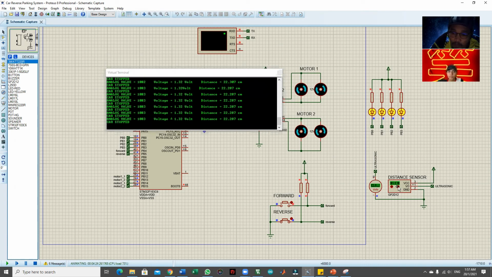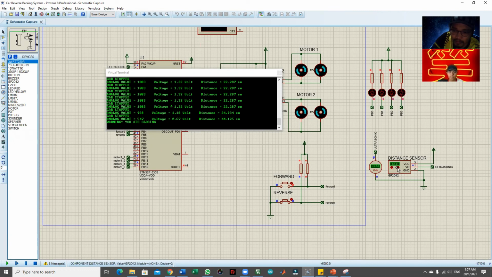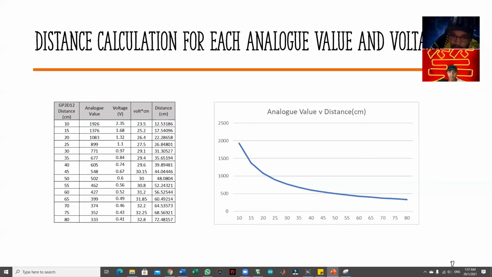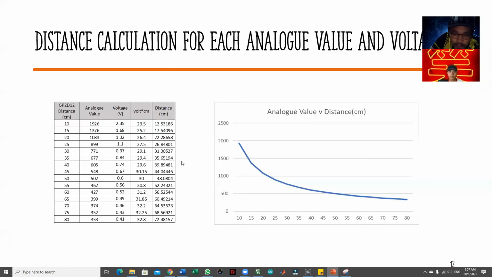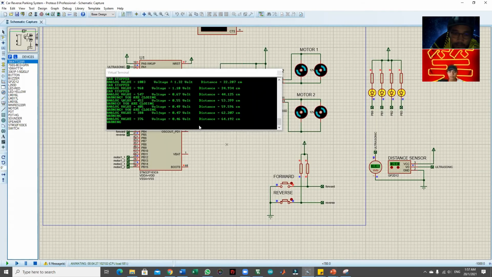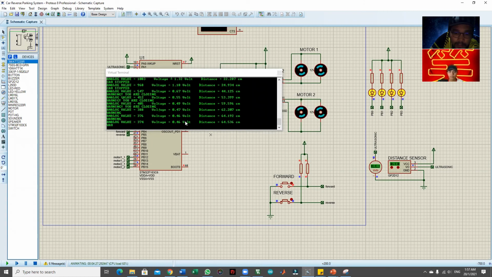And one more thing, if the distance is more than 60 centimeter, let's set it to 70 centimeter, you will get 64.53. Do I get 64.13? And the voltage value will be 0.46. Yes, I do get that.